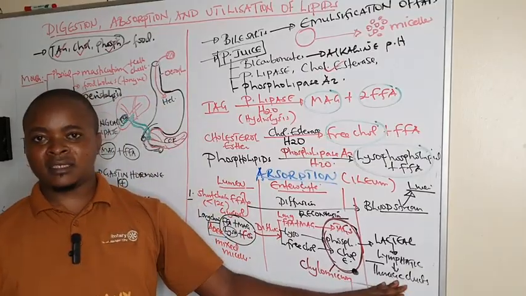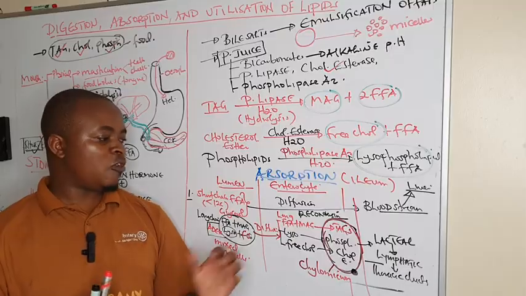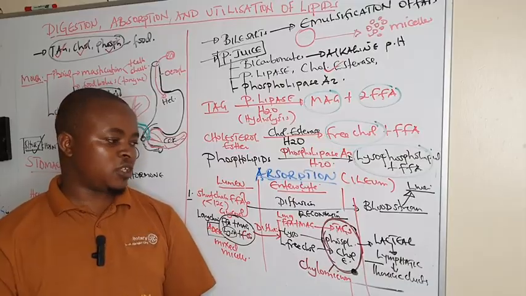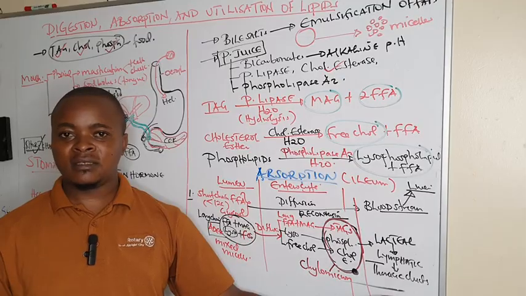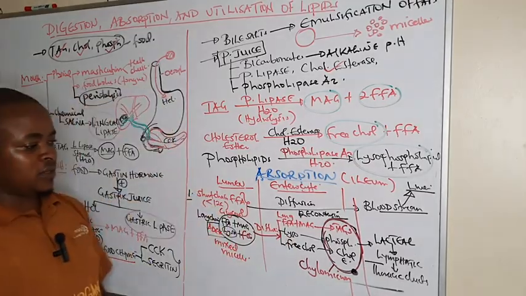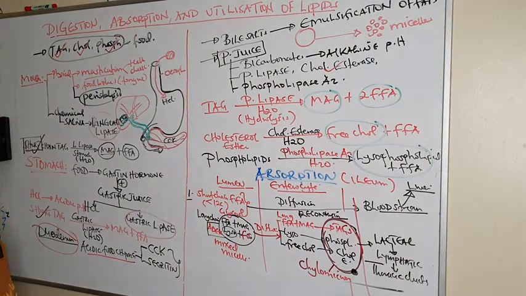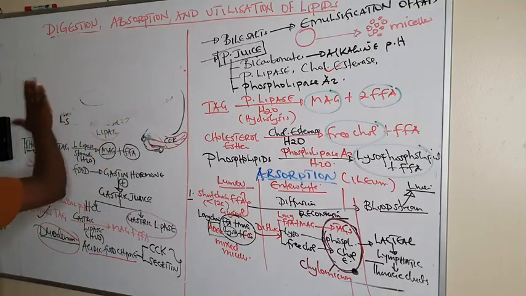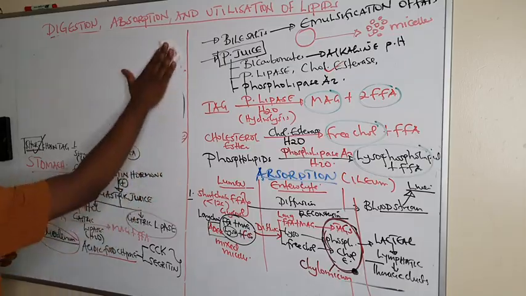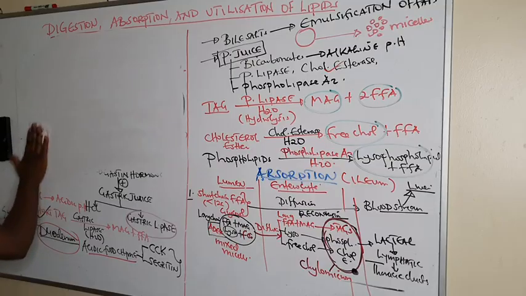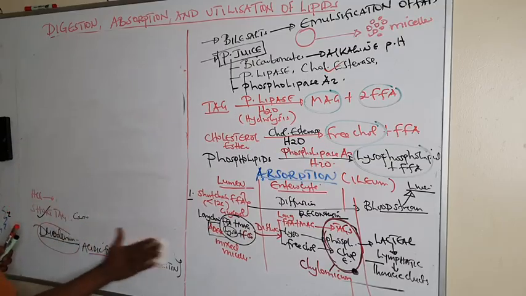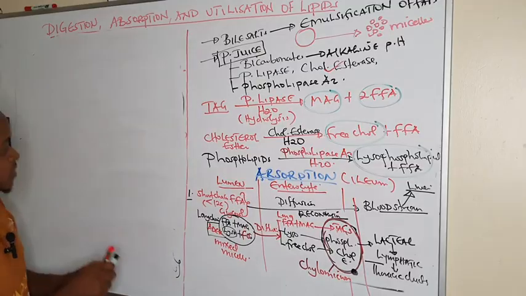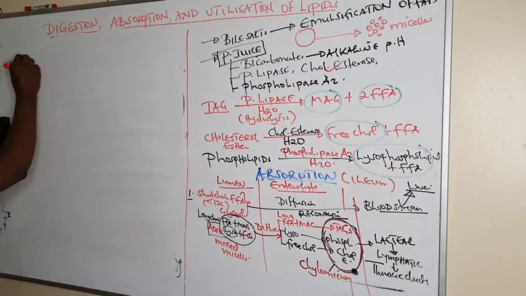So from the thoracic duct, the chylomicron, combined with the TAGs, phospholipid, and cholesterol ester, enters blood circulation from the vessels near the heart. So after reaching there, we are going to see the chylomicron as it is moving into blood circulation.